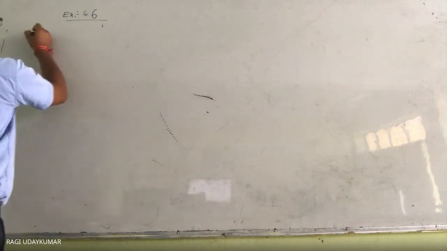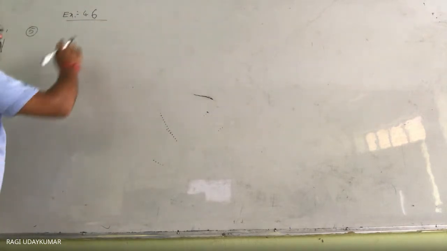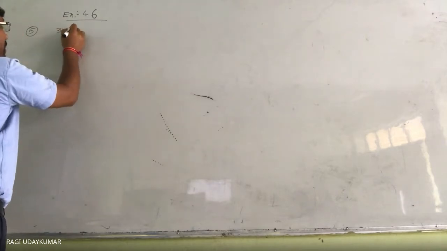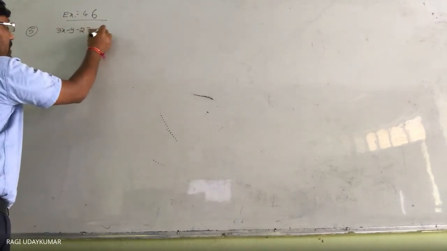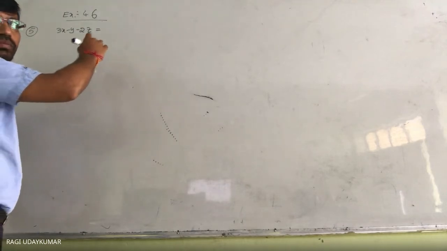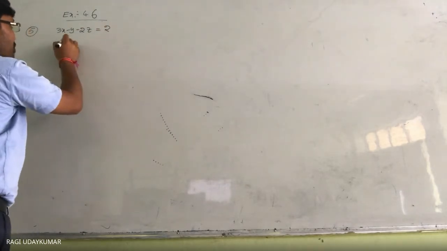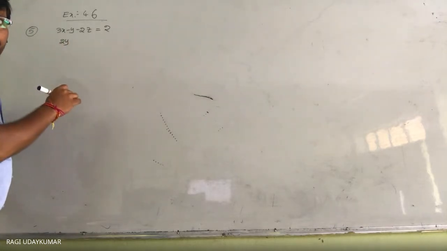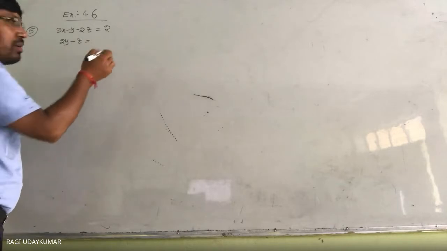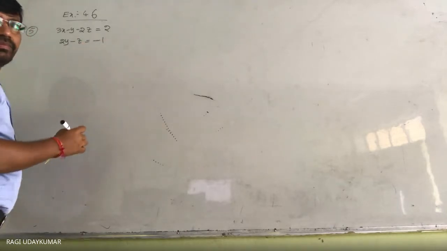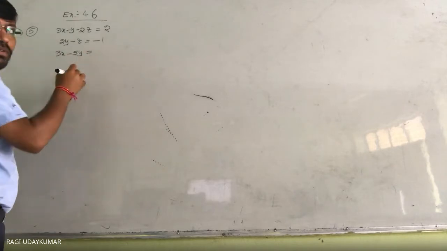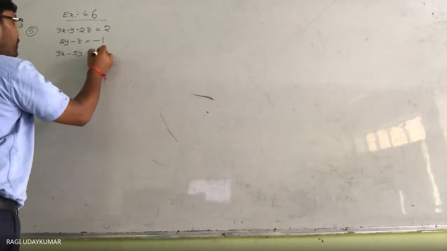Fifth problem: the question is 3x minus y minus 2z is equal to 2. The second equation is 2y minus z is equal to minus 1. 3x minus 5y is equal to 3.